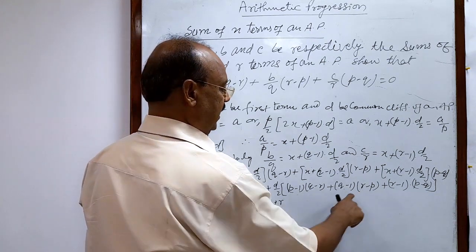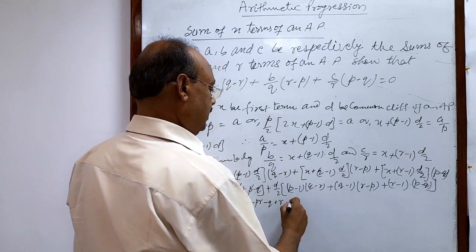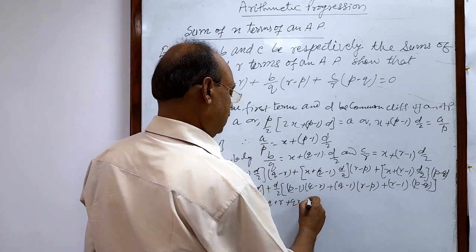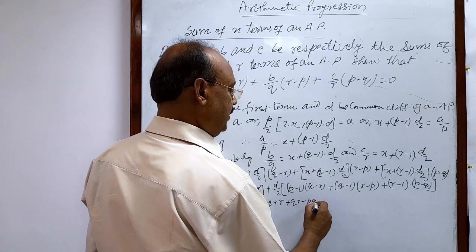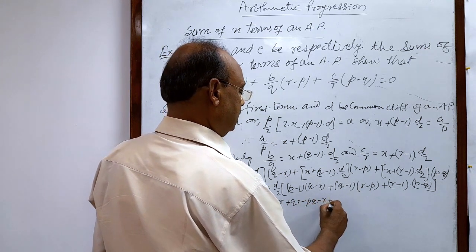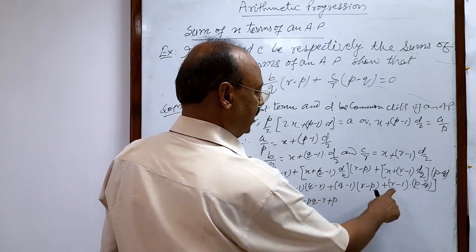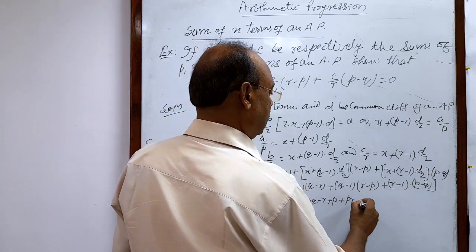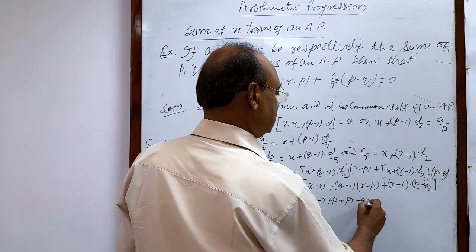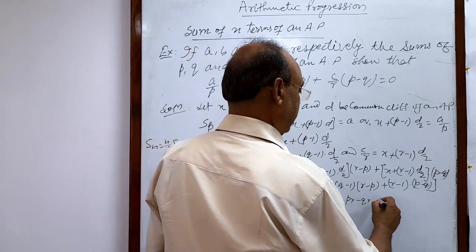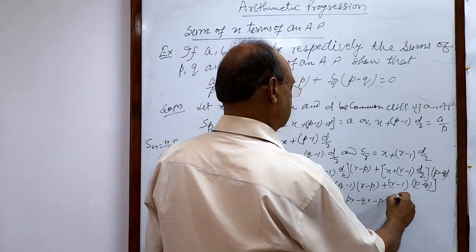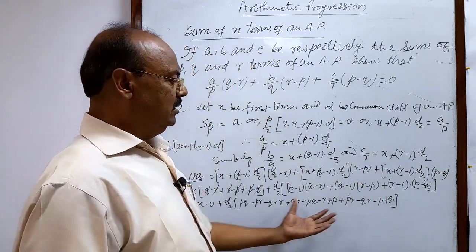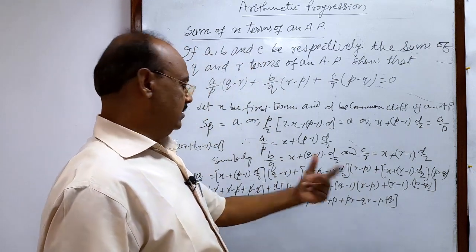Similarly, after multiplying these two, we are getting here qr minus pq minus r plus p, and multiplying these two factors we will get here pr minus qr minus p plus q. Very interesting solution, okay? Now you see all the positive and negative terms will be cancelled out here.